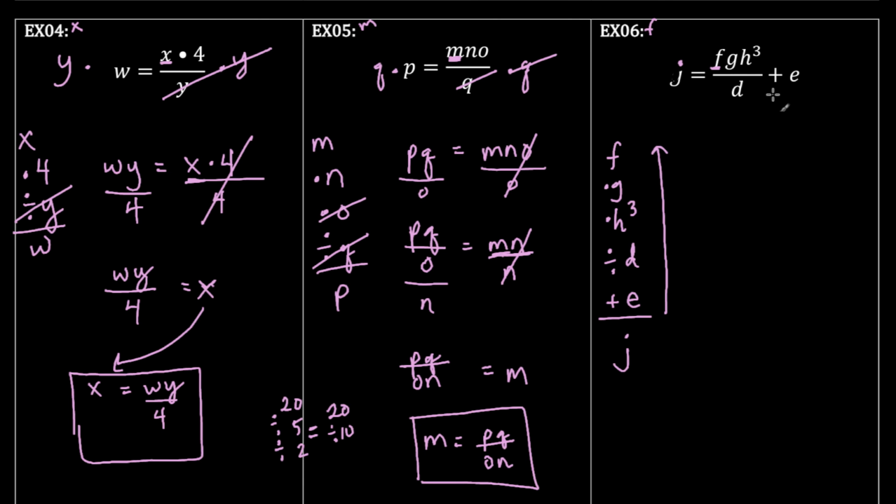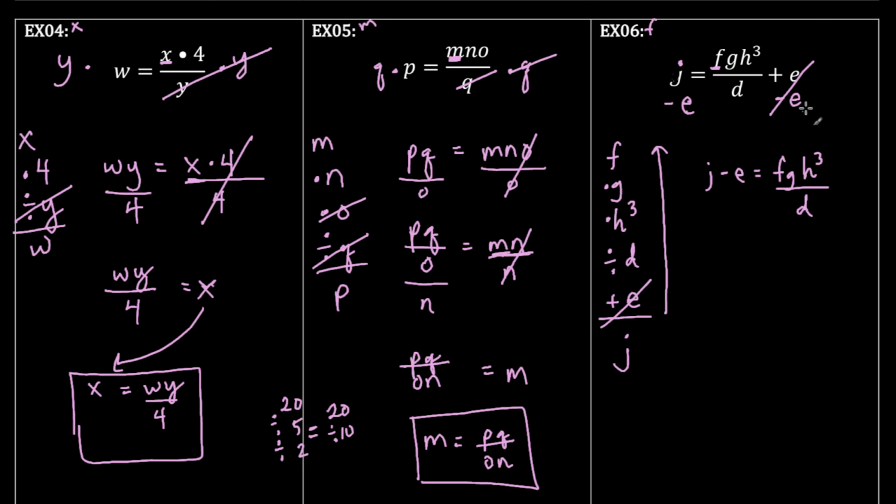So instead of adding E, we subtract E. So we get J minus E equals F G H to the third over D.